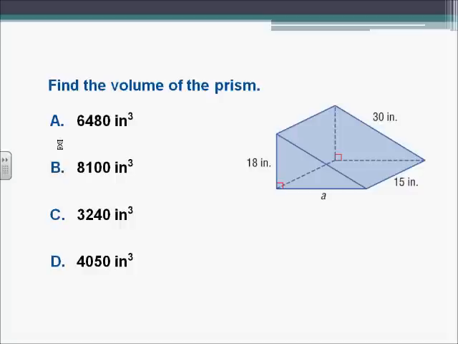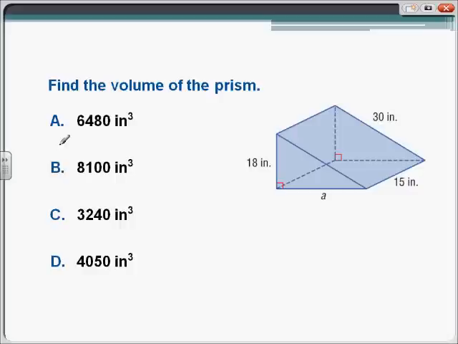Alright, here we're asked to find the volume of this prism. Again, we see the base shape of it is going to be a triangle, so to find the area of our base, we need 1/2 the base times the height, but what we see here is that's going to be 1/2 of A times 18, so we need to find A first.